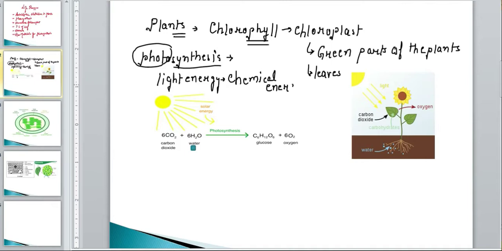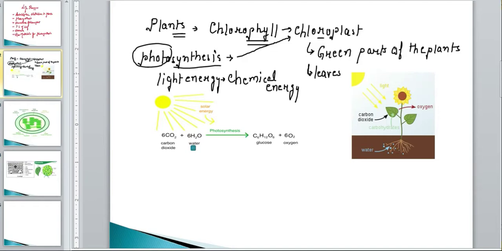So this process, which is called photosynthesis, occurs in the chloroplast of the cells, because we know that chloroplast is a cellular organelle. So here the photosynthesis, which is the process responsible for the production of food, the manufacturing of the food, occurs in the chloroplasts of the cells, and these cells are present where?